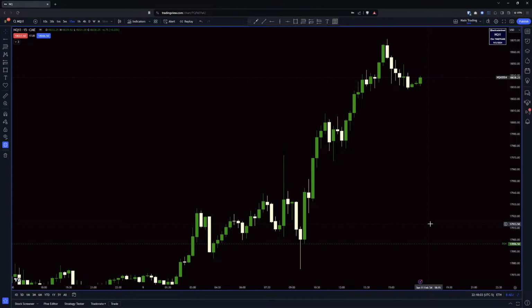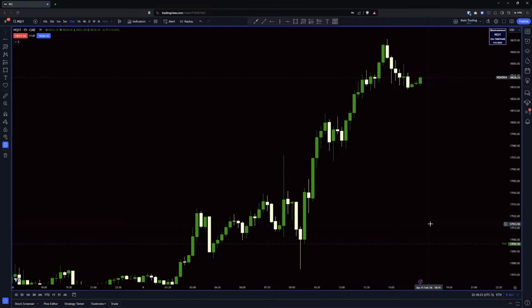Measuring the accumulation phase and even the manipulation phase is not really important, right? That's not the biggest part of this. The most important part is to measure the distribution phase, obviously.